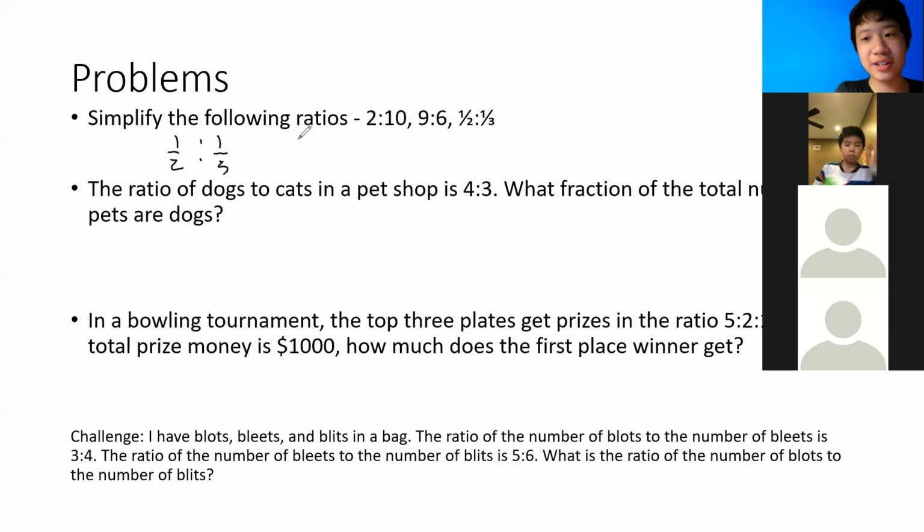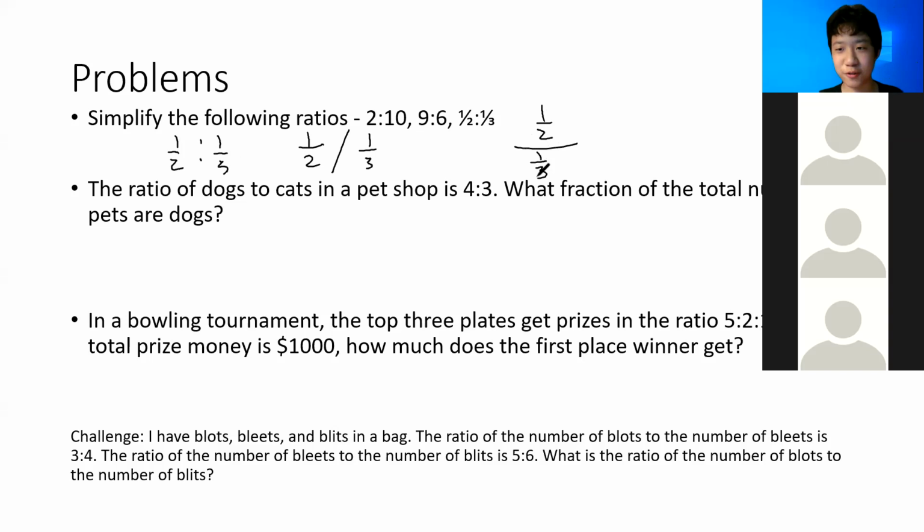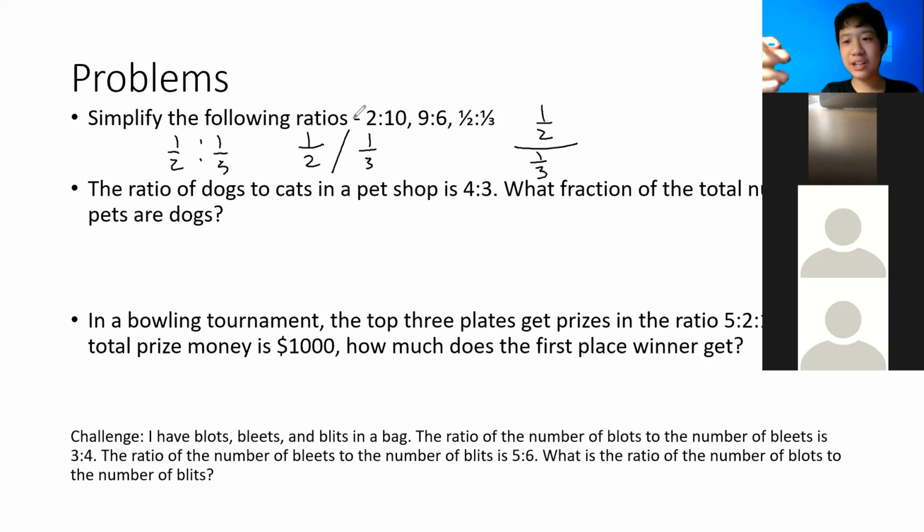Well, let's first turn this into fractional form. So that's 1/2 over 1/3. Now what do I do? I have a really weird fraction here, fractions within fractions. Well, if we remember that fractions are basically division problems, then 1/2 over 1/3 is the same thing as 1/2 divided by 1/3.